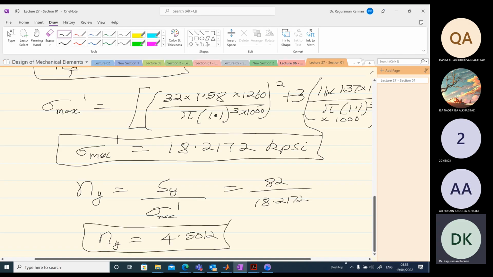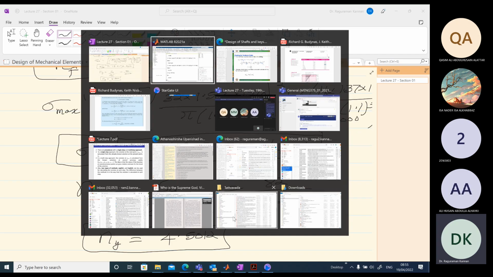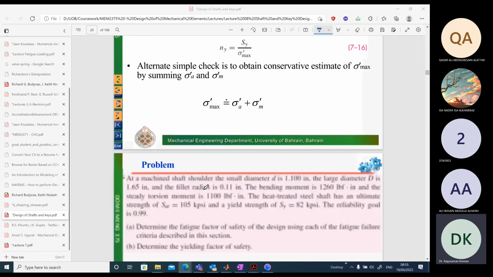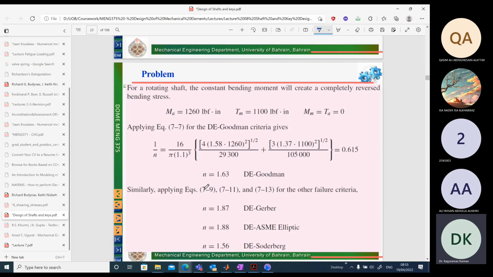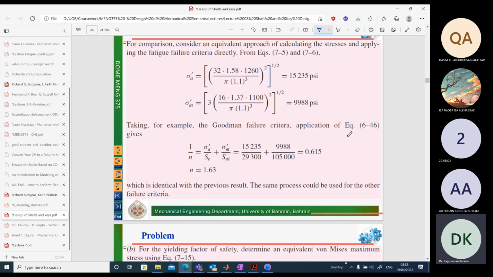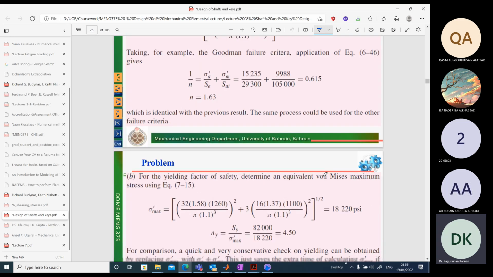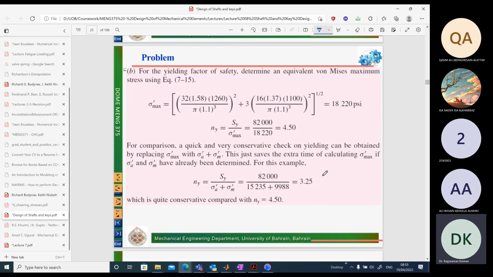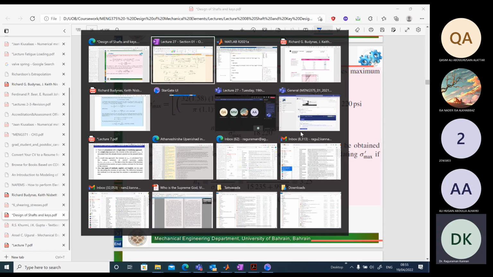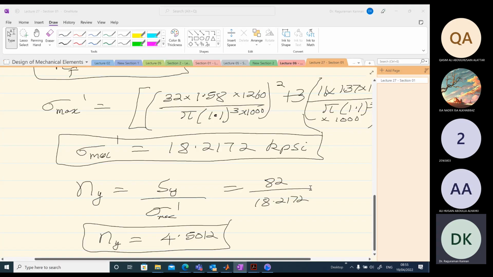So again, no failure, and this is the answer we get. Let's see in the problem, the yield factor of safety 4.5. Okay, exactly, that's the result we get.